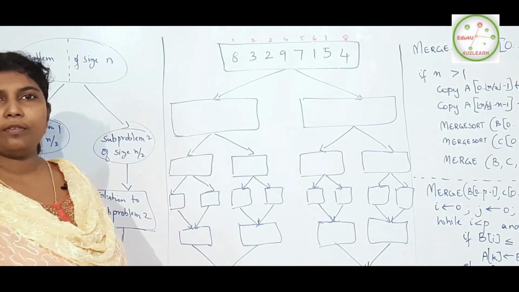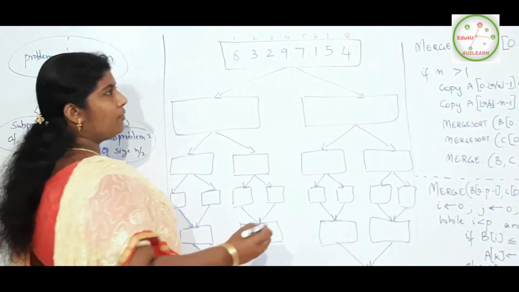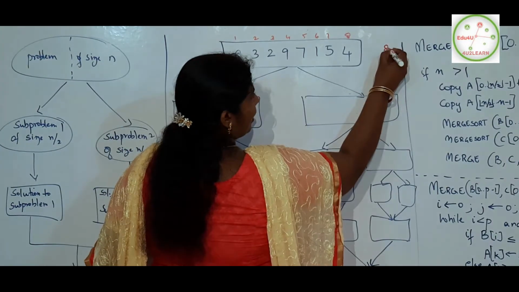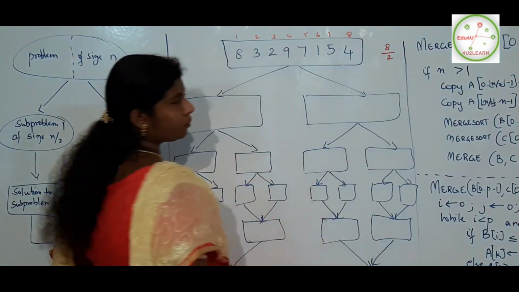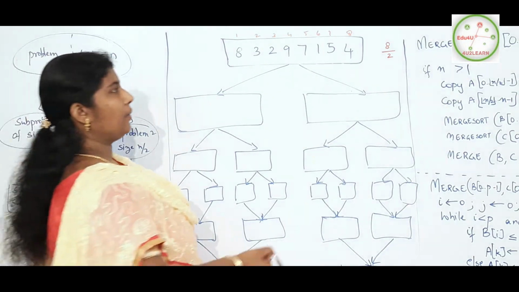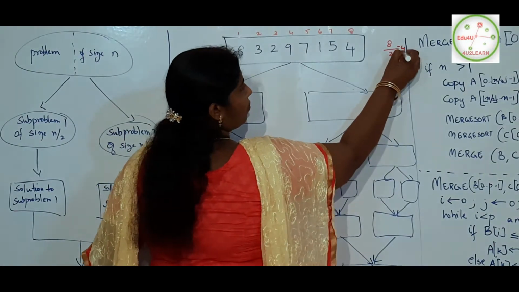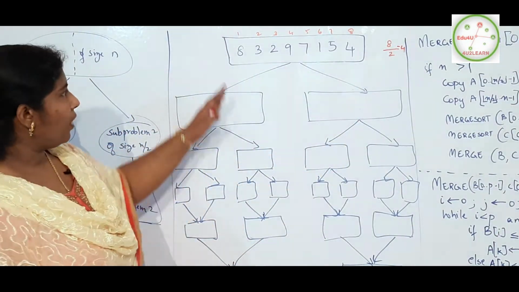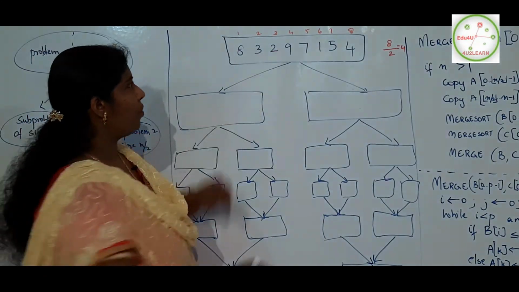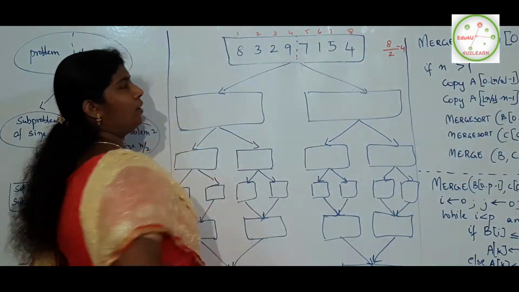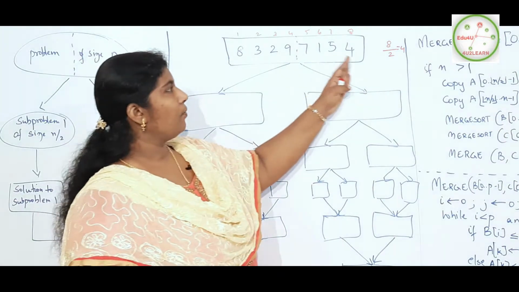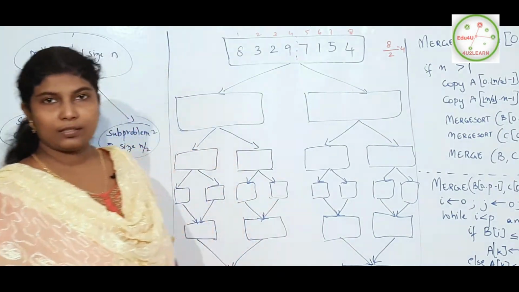How are we going to divide into 2 halves? The normal formula: the number divided by 2, so it is going to be 4. So 4 elements, 1, 2, 3, 4, will be taken as one set. The remaining 4 will be taken as the other set.